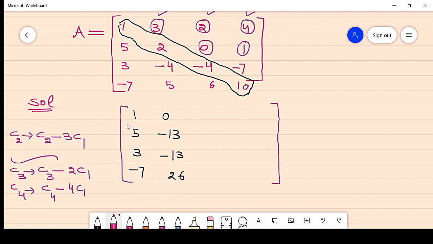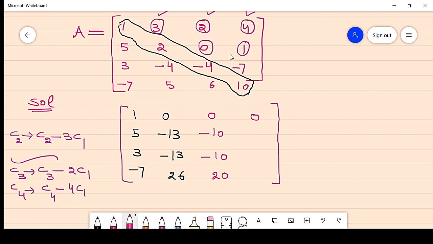Now the third column: multiply by -2, then add. The first term will be 0, then -10, then -6 - 4 is -10, then 14 + 6 is 20. Now the fourth column: multiply by -4, then add, so this will be 0.